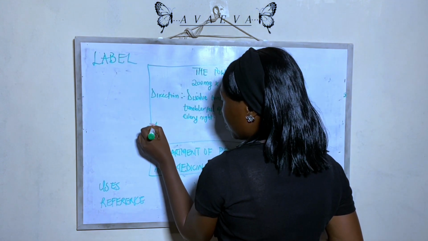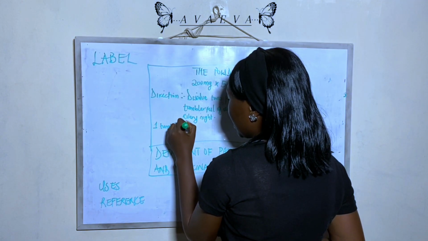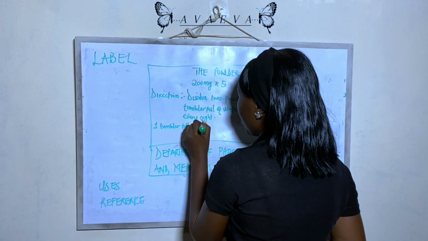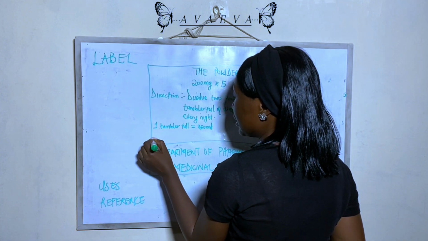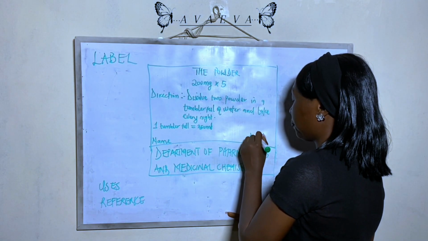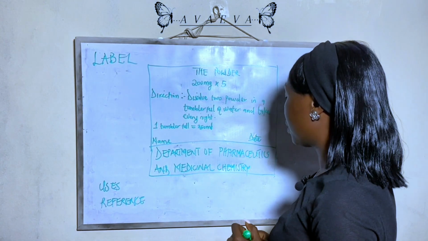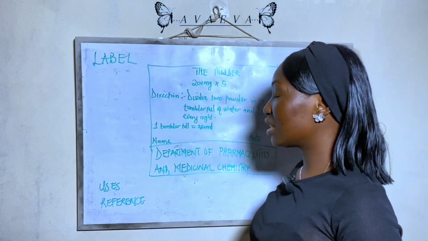Like we said, one tumbler full is approximately 250 mils. Now you have your name here, and then you have the date here. Now you have Department of Pharmaceutics and Medicinal Chemistry, and finally you have your uses and references, which you will obtain from the BPC as well.